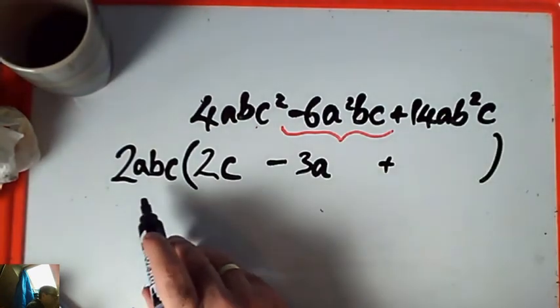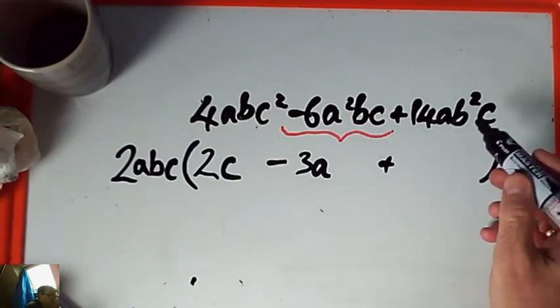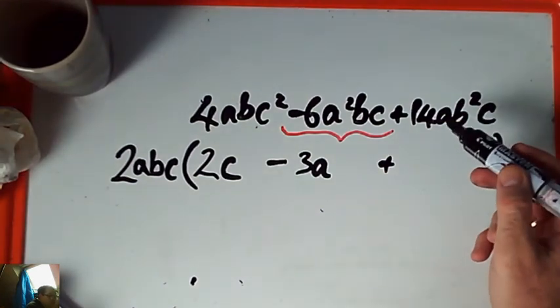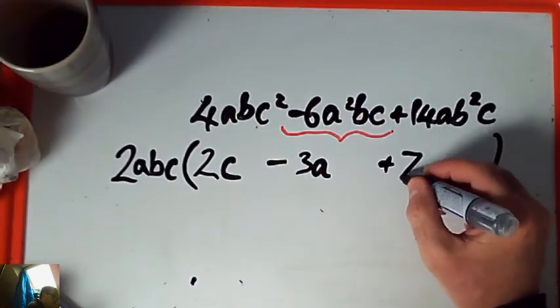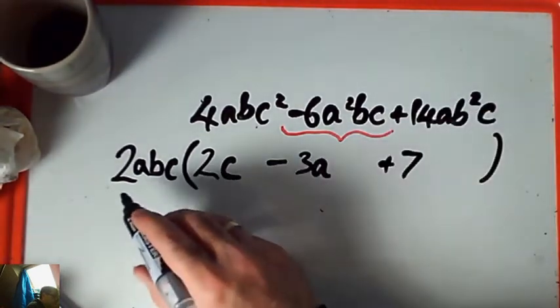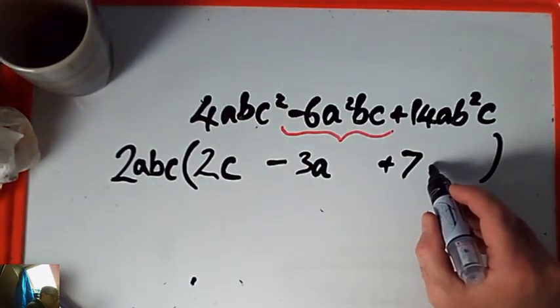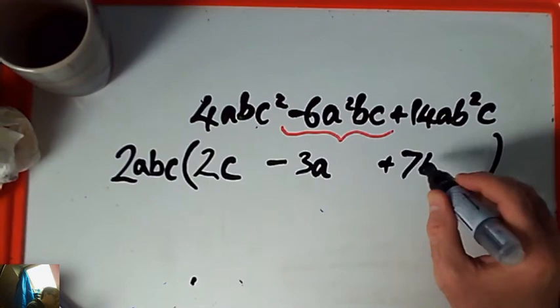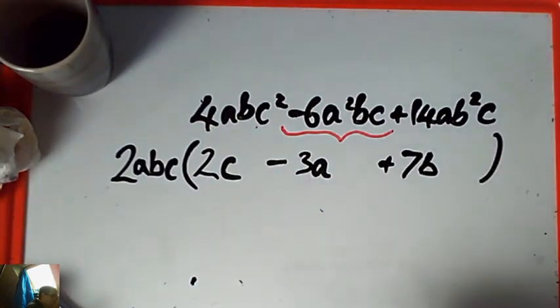Next one, 2abc times what inside the brackets will give me 14ab squared c. Okay, so 2 times 7 will give us the 14. We've got the a. B times something in there gives us b squared, so we need a b there. And then we've got the c as it is.